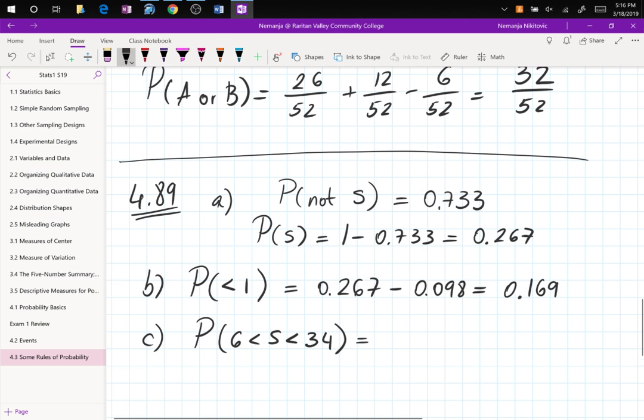Well, for 6 to 34, we have to add 5.3 plus 2.8 plus 0.7, which is 8.8.